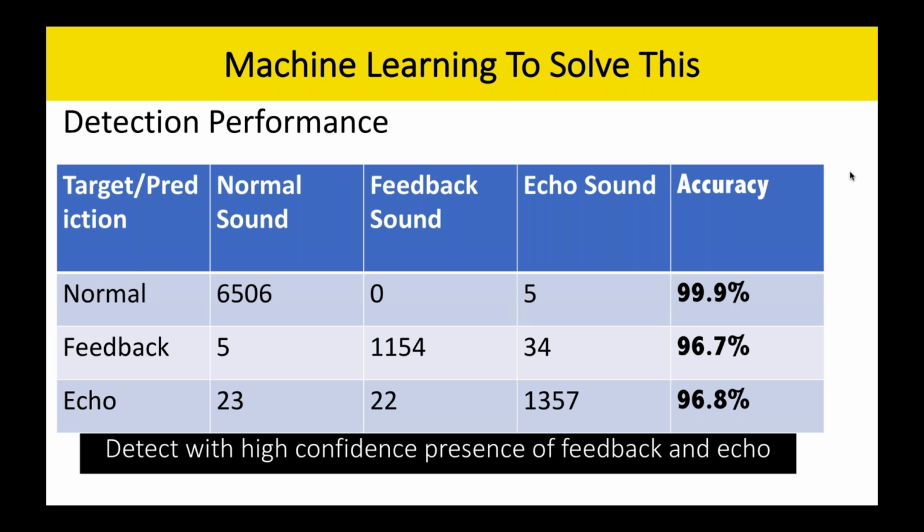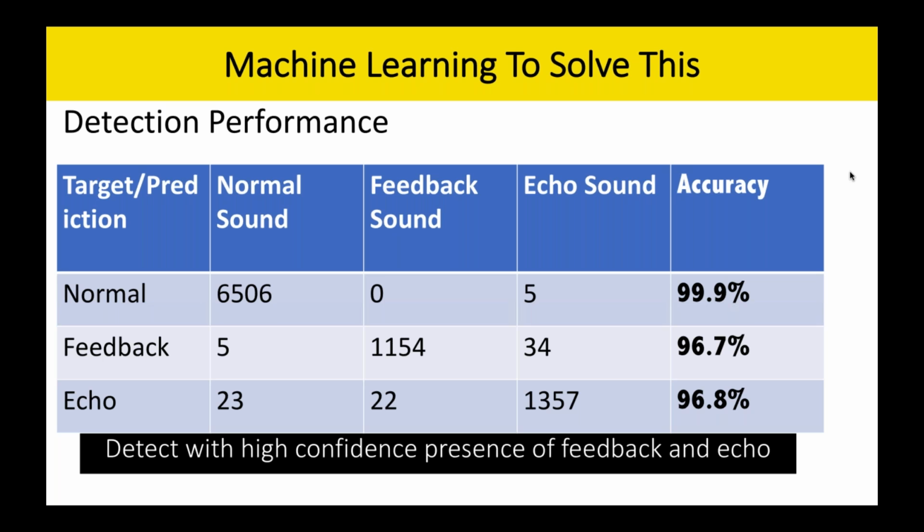From these 1,200, we successfully detected 1,154 of them. There is a slightly larger mistake on the echo sound side, meaning for feedback sound we somehow predicted an echo sound. So that's a mistake. But there's only 5 of them falsely detected as a normal sound.